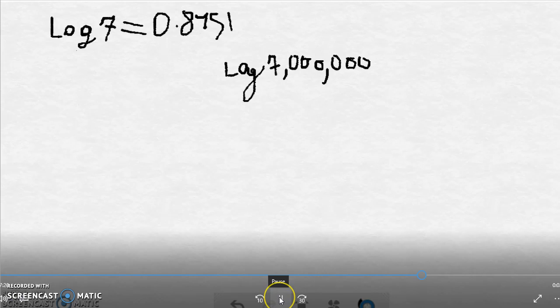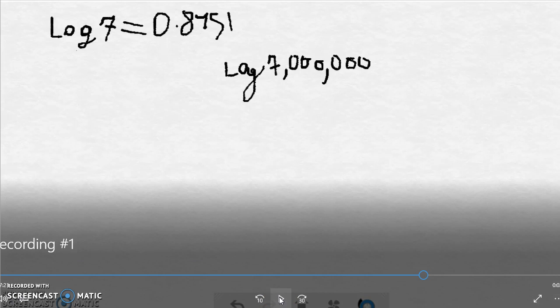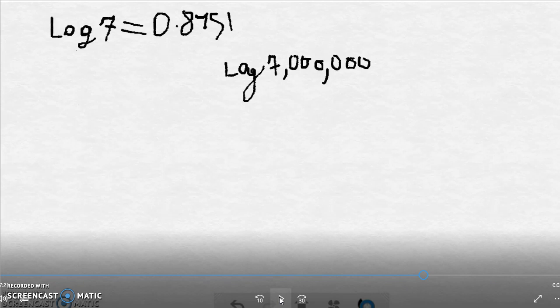Okay, so now we're going to solve this. It has a lot to do with the rules of scientific notation, if you will, which is my favorite part of logs. So log 7 is given as 0.8451, but we won't be interested in that yet.